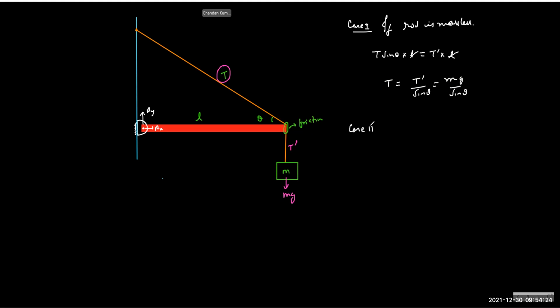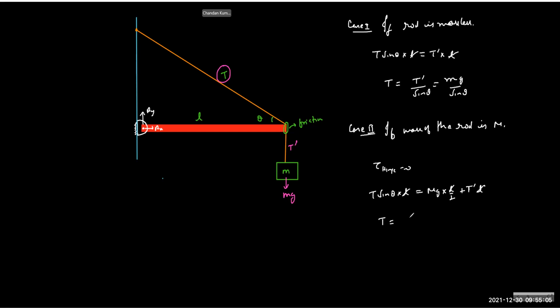So let's take case two. If the mass of the rod is capital M, then we have the torque equation about the hinge only. So T sin theta into L will balance capital Mg into L by 2 plus T dash into L. Now the sin theta will come in the denominator.